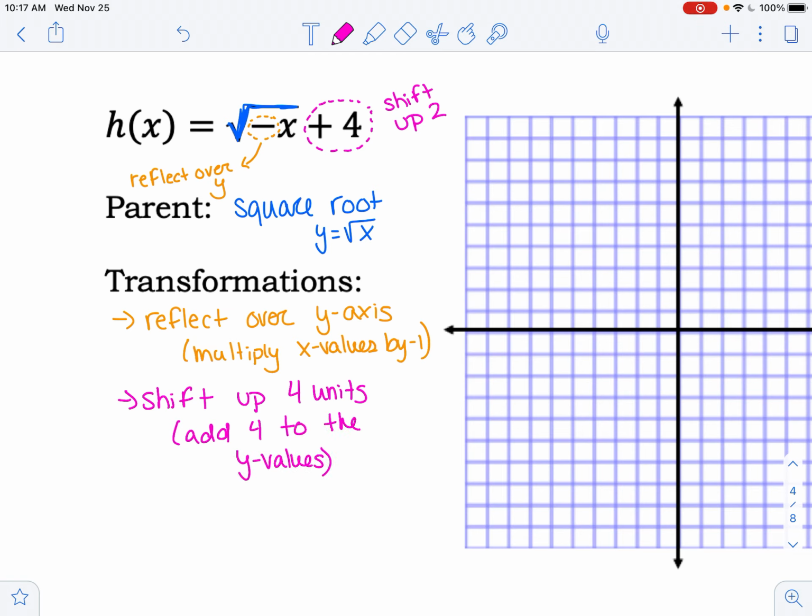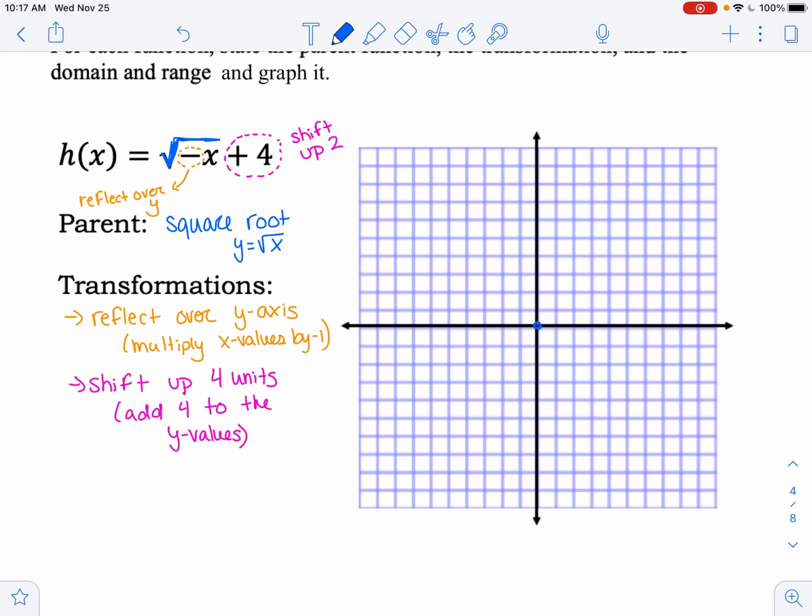So those are my transformations. I'm going to graph it first, and it really helps to know the graph of the parent function. The parent function you should sort of just know. So this square root of x looks like this with these exact points.